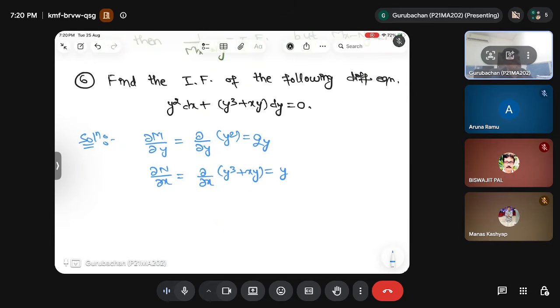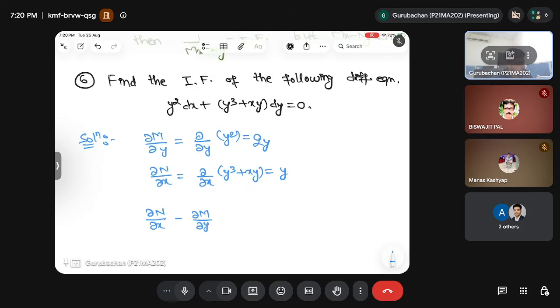So clearly both are not equal, so the equation is not exact. So you just need to check del n by del x minus del m by del y divided by m. It will work or not, we will check this one. So this will be y minus 2y divided by y square. So this will give you minus 1 by y. So clearly this is a function of y.